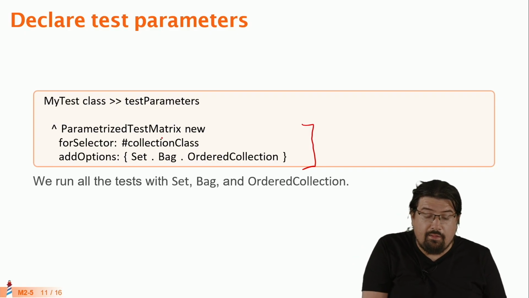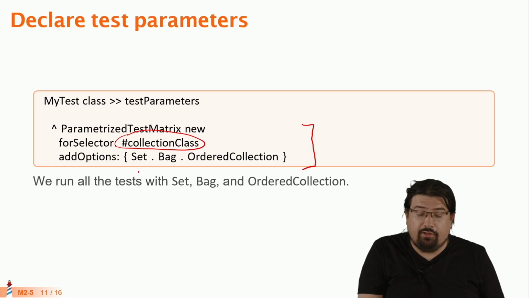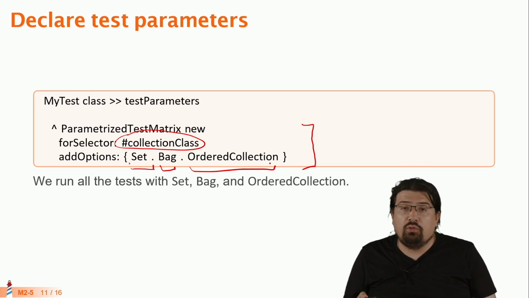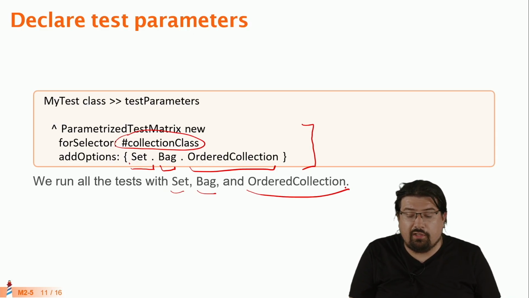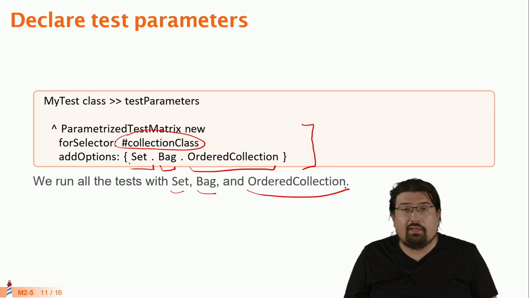For the selector of the instance variable that we are going to access, collectionClass, we are going to give different options. In this case, we are going to give Set, Bag, and OrderedCollection. What it will do is run all the tests, first with Set, then with Bag, and then with OrderedCollection.